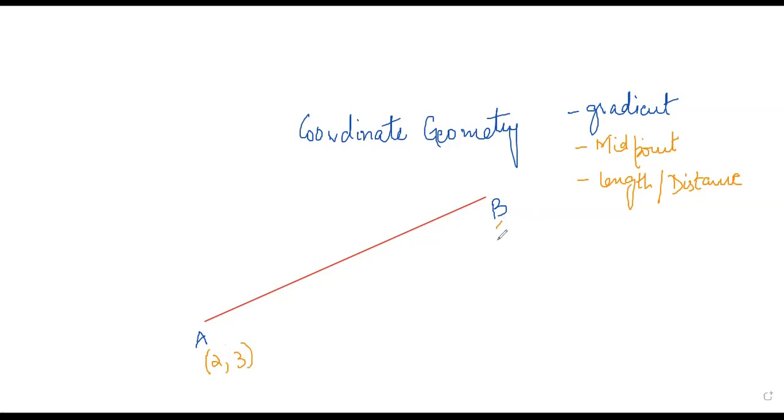And B is 4, 9. So if I want you to find the gradient of this line AB, you denote gradient with small m. In order to find the gradient, you do y2 minus y1 over x2 minus x1. Can you do that?